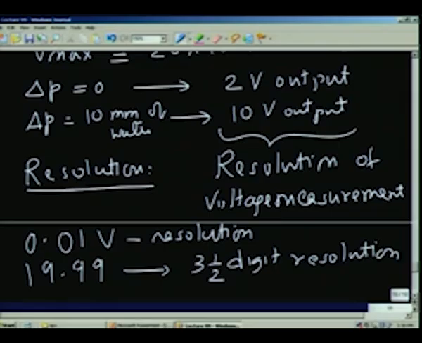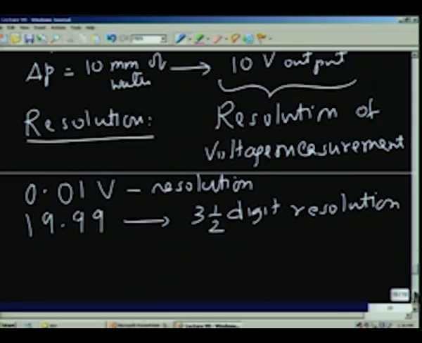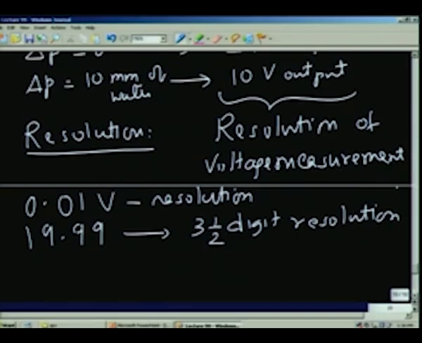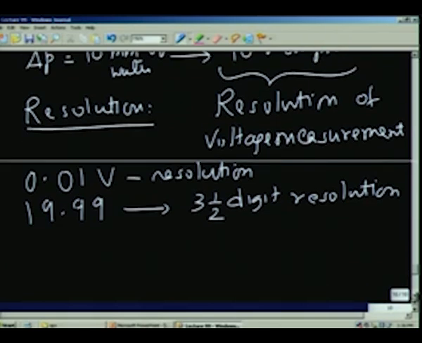But the point is not that. Point is, what does this correspond to? So, in this case you can see that 4 milliamperes correspond to 0, 10 milliamperes, 20 milliamperes will correspond to 10 millimeters of water. Okay.